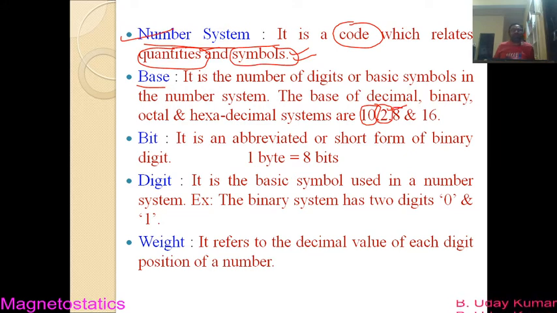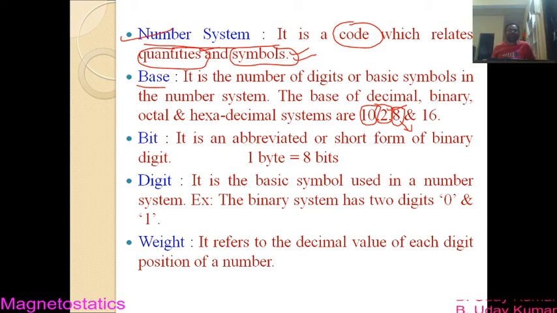Similarly, the other number system that we saw was the octal number system. The octal number system was having the digits from 0 to 7, that means 0, 1, 2, 3, 4, 5, 6, 7.